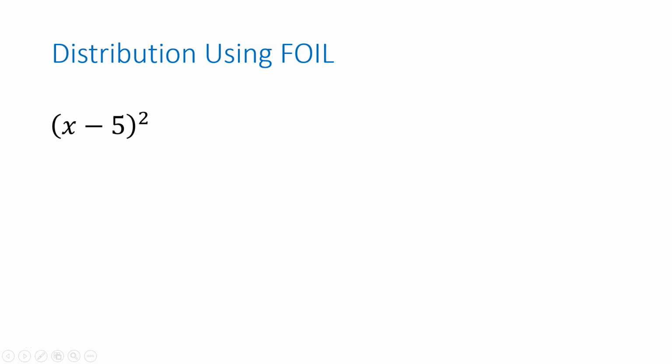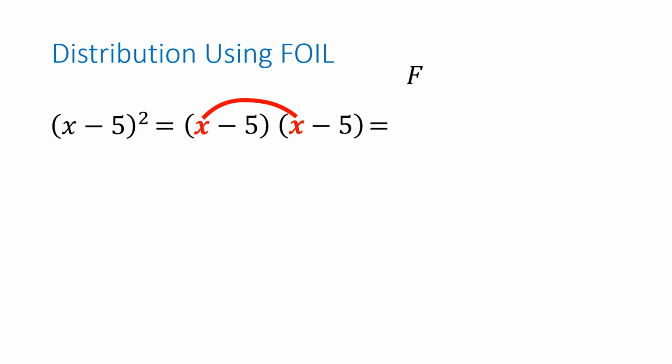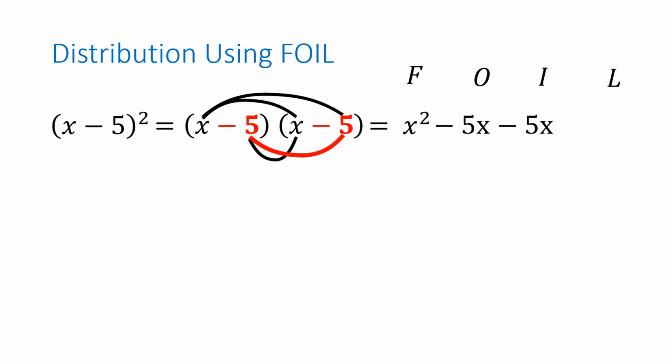Now let's try that again, but this time use a negative number. x minus 5 squared is x minus 5 times x minus 5. Using FOIL, x times x is x squared, x times negative 5 is minus 5x, negative 5 times x is minus 5x, and negative 5 times negative 5 is negative 5 squared.